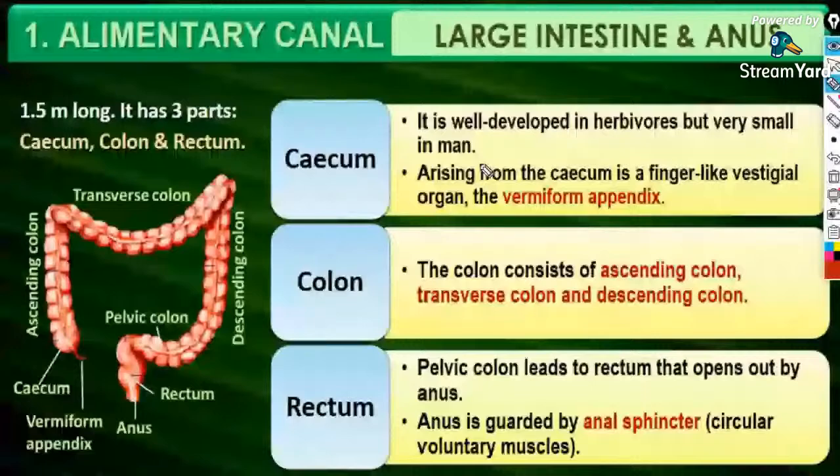Let's discuss each part, that is the cecum. Guys, don't get confused. Cardiac and pyloric are parts of the stomach that we studied. In the large intestine, we are studying three other parts: cecum, colon, and rectum.